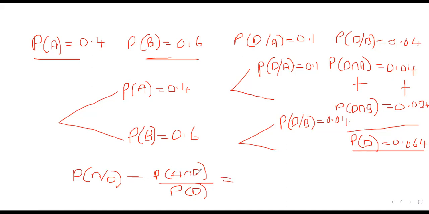So what is A intersection D? It is 0.04. What is probability of D? 0.064. So this will give you 0.625.